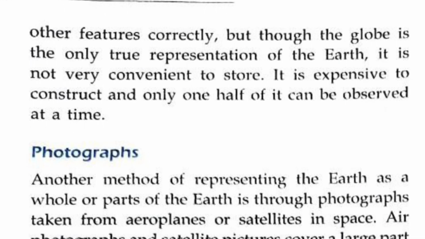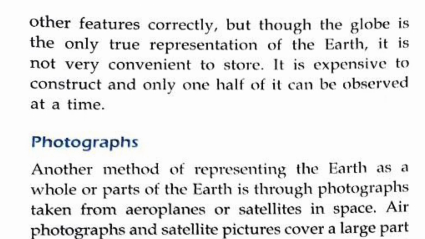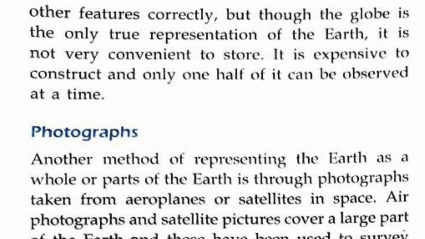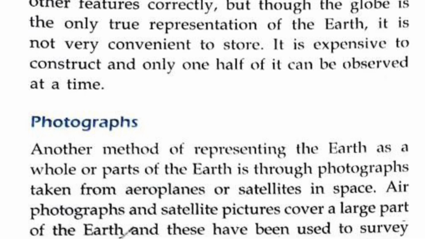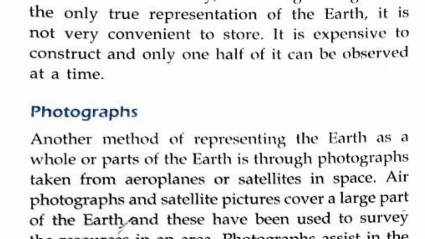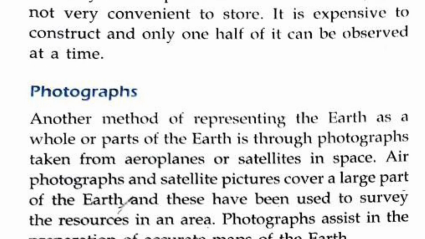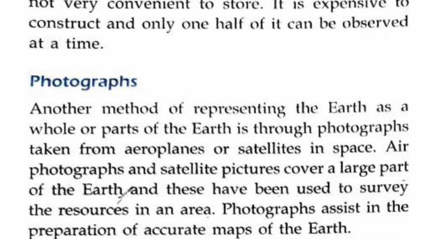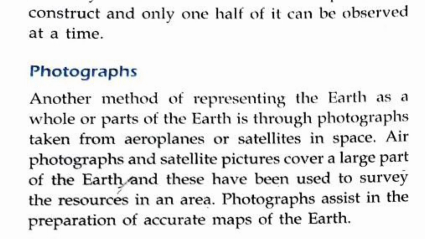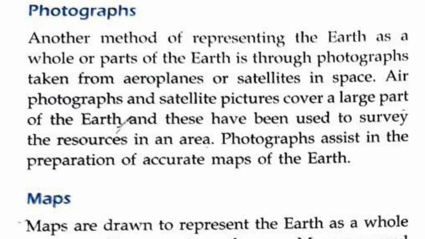But though the globe is the only true representation of the earth, it is not very convenient to store. It is expensive to construct and only one half of it can be observed at a time. Another method of representing the earth as a whole or parts of the earth is through photographs taken from aeroplanes or satellites in space.